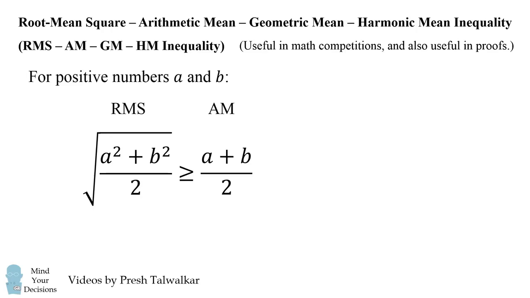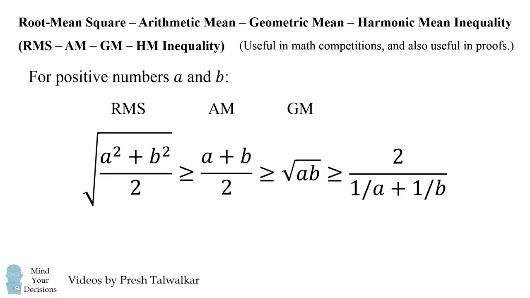This will always be greater than or equal to the square root of a times b, which is the geometric mean, and this will always be greater than or equal to 2 divided by the quantity 1 over a plus 1 over b, which is the harmonic mean. Furthermore, equality holds if and only if a is equal to b. So this seems like an extremely complicated statement, but we'll be able to demonstrate why this is true geometrically.